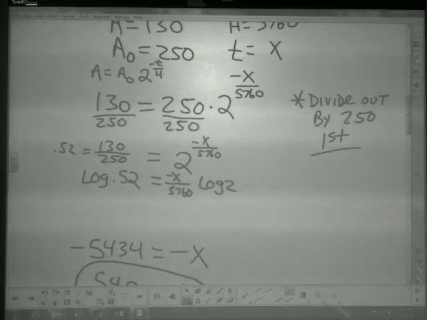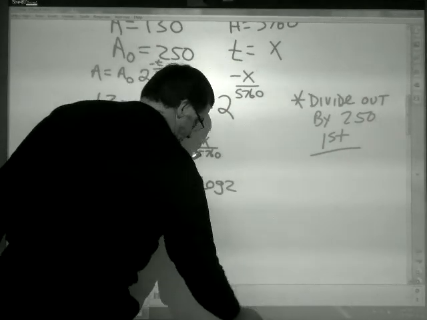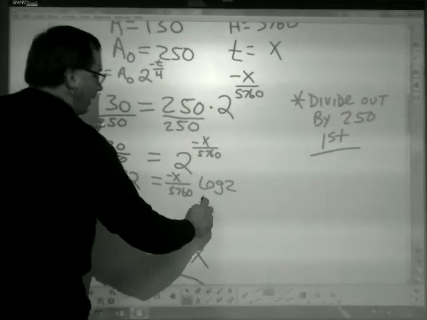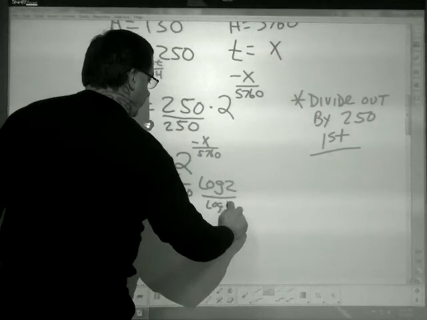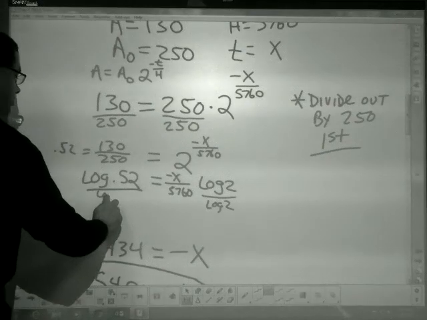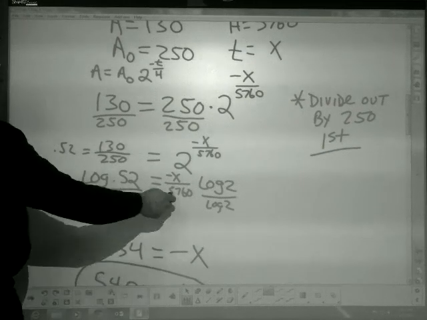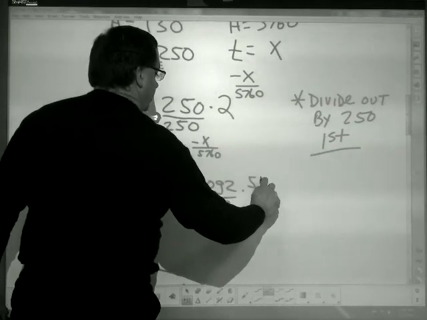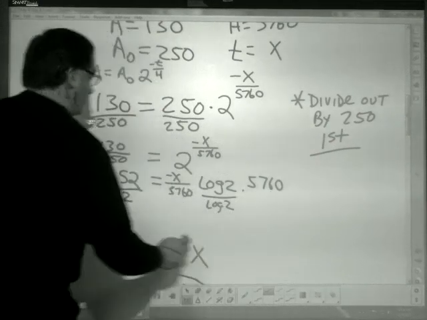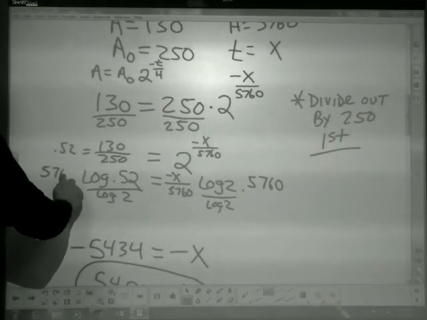Now, opposite operations. I'm going to divide by log 2. I'm going to multiply by 5,760.